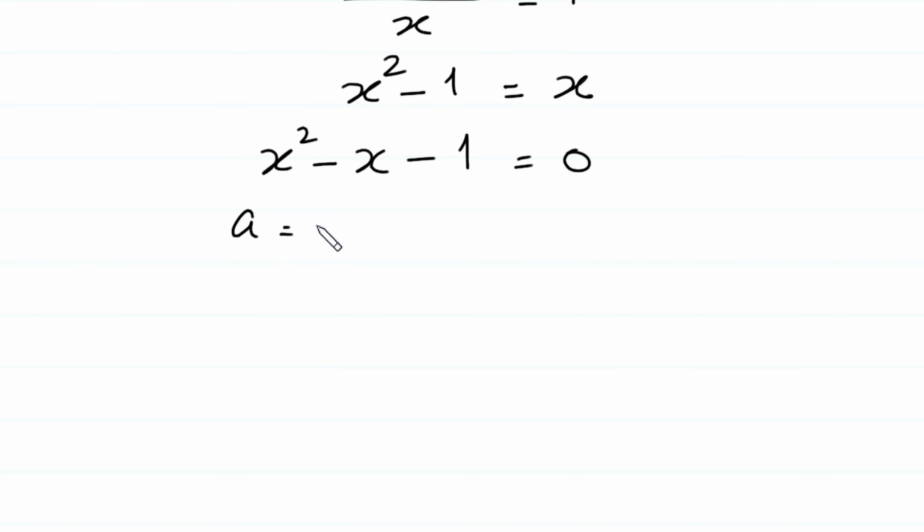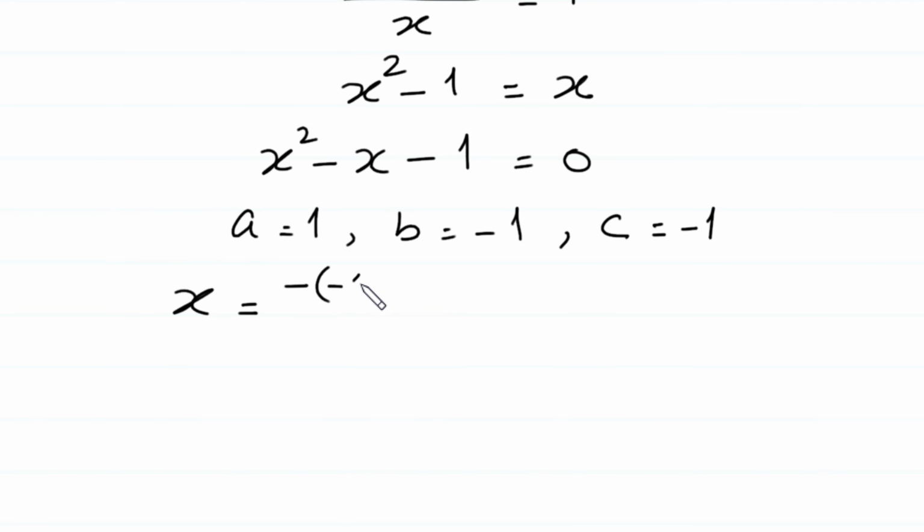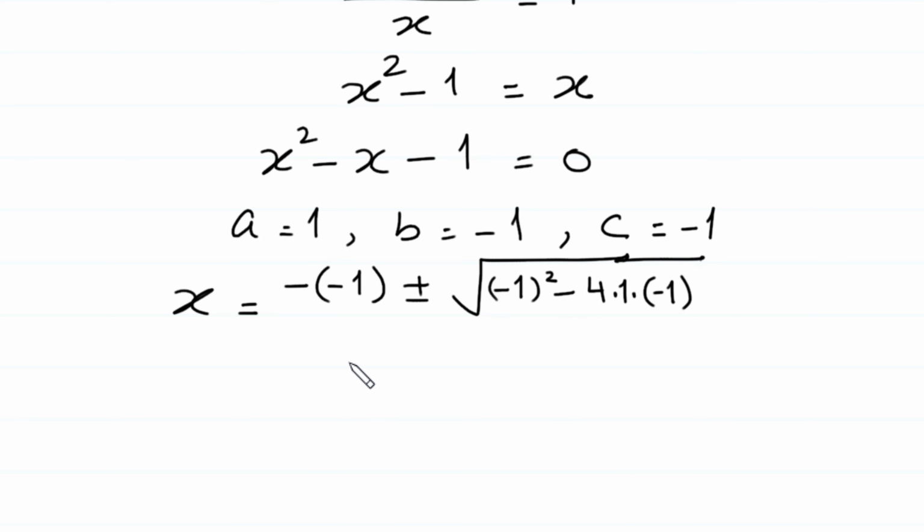Here a is equal to 1 and b is equal to negative 1 and c is equal to negative 1, and according to quadratic formula x is equal to minus the value of b, minus negative 1, plus minus square root of negative 1 square minus 4 times the value of a, 1, times the value of c, negative 1, divided by 2 times the value of a, 1.